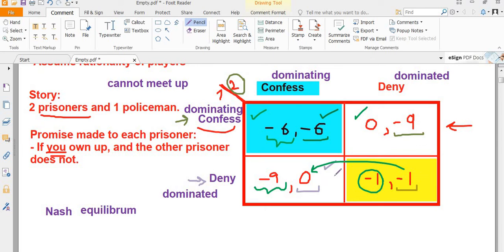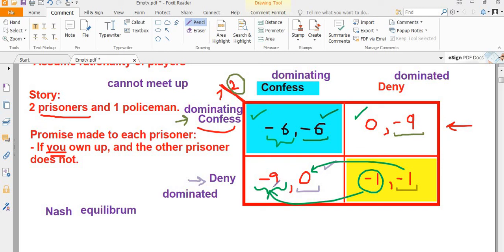In that case, this entire cell will shift to this, and player 1 will end up getting -9. They had decided on a -1 payoff, but player 2 ditched player 1, and player 2 became better off by getting a 0, but player 1 was pulled to an even worse situation where he is actually getting a -9 payoff. He is suffering from 9 years of imprisonment.